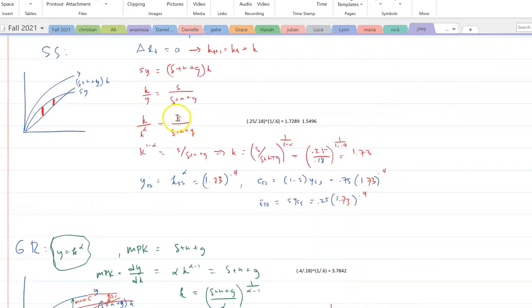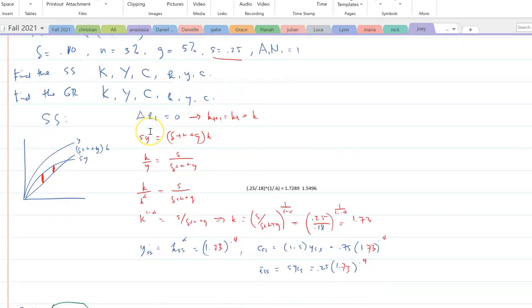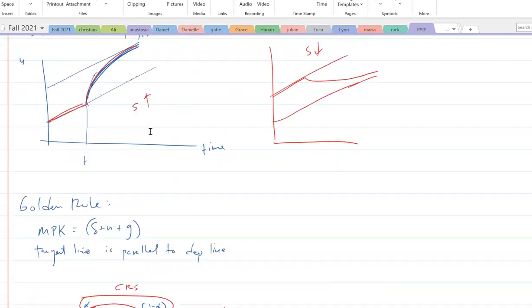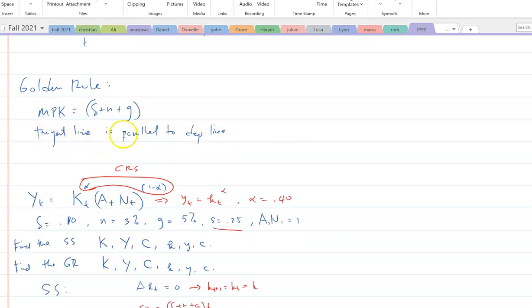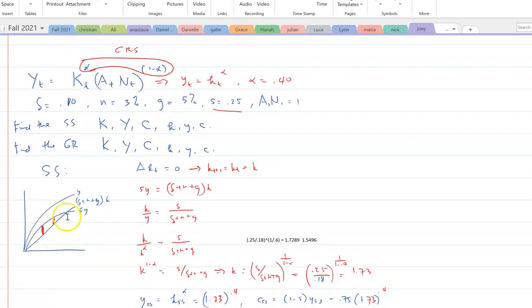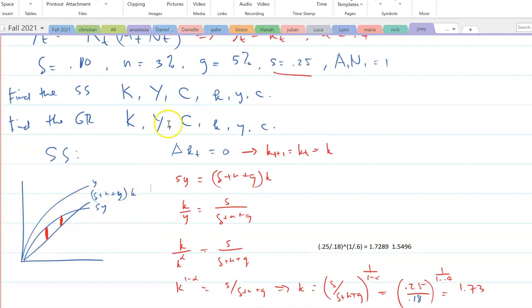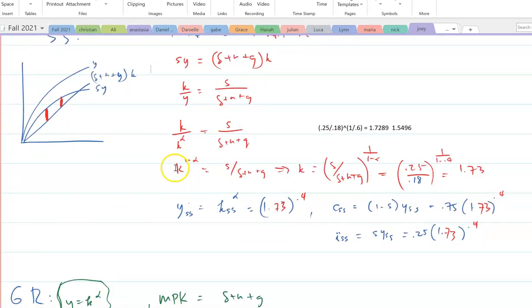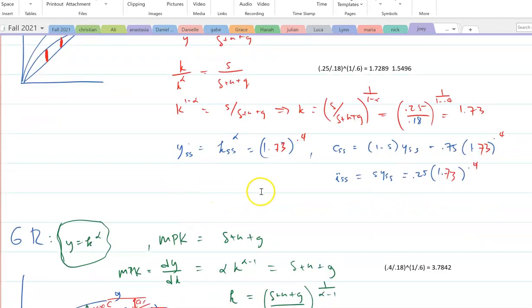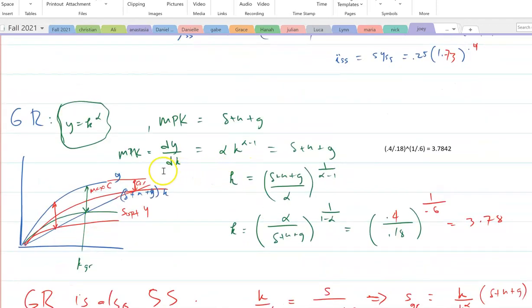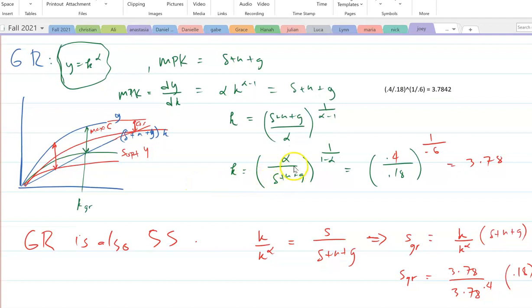That's the idea behind the golden rule. So we are going to construct a tangent line parallel to this line here, the depreciation line. And after some algebra, we have this condition here for the golden rule.